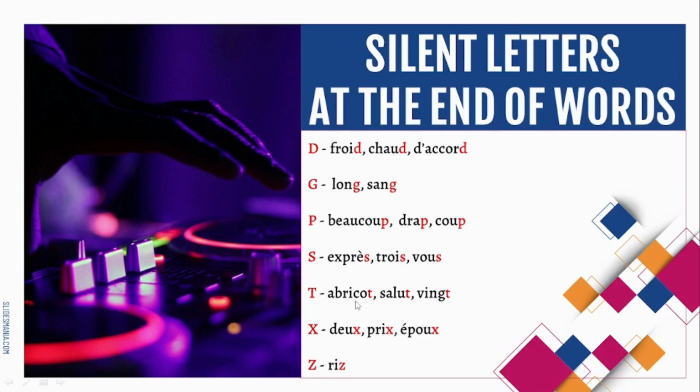So examples that show that the letter T is silent at the end of words are abricot, salut, and we have vin.